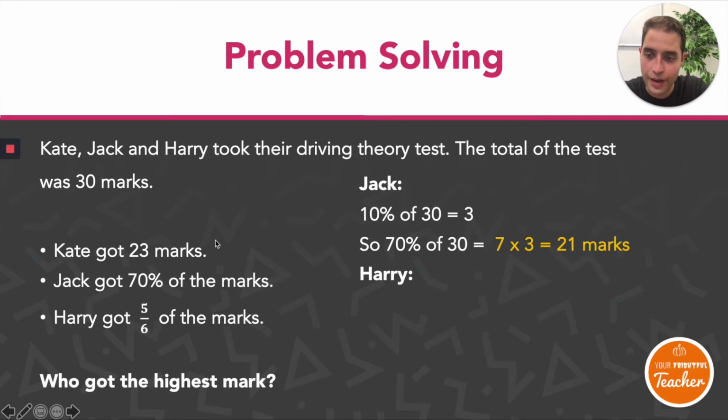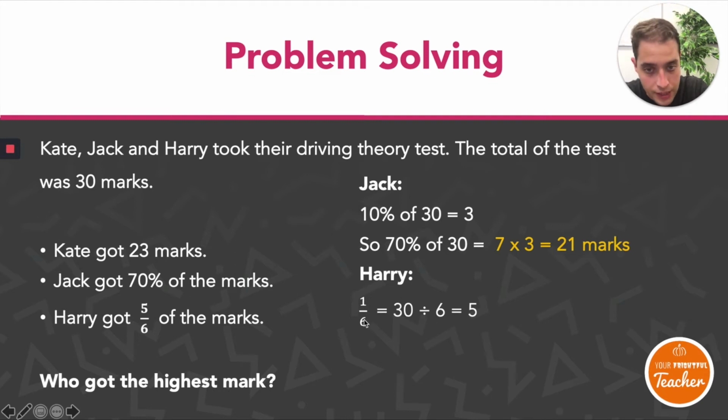So what about Harry? He got 5/6 of the marks. Again, I work out 1/6. So 1/6 equals 30 divided by 6, which gives us that answer of 5. Do we know how we work that out? We've got the total value, we divide it by that bottom number of the fraction, and that gives us the value of 1/6.